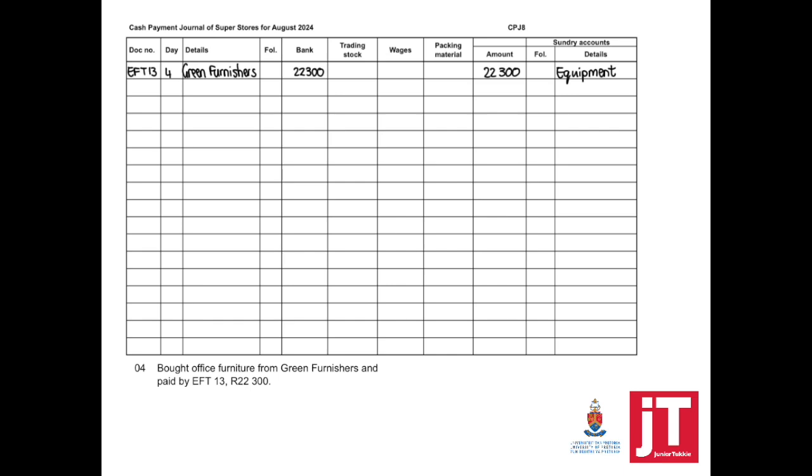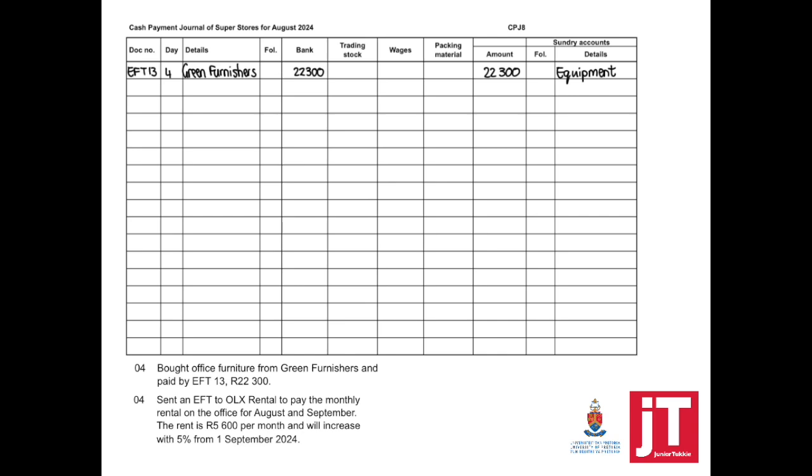Office furniture will be grouped together as equipment. We don't write office furniture. So these are the simple questions to ask yourself when completing the journals. And then you will get it 100% correct.